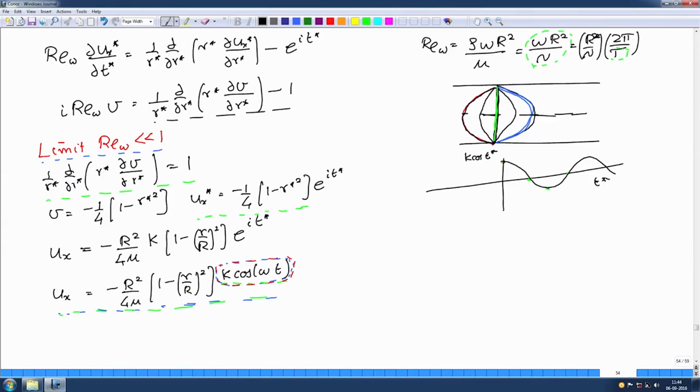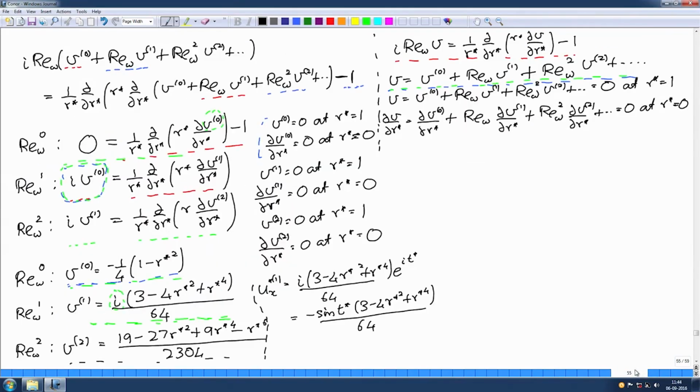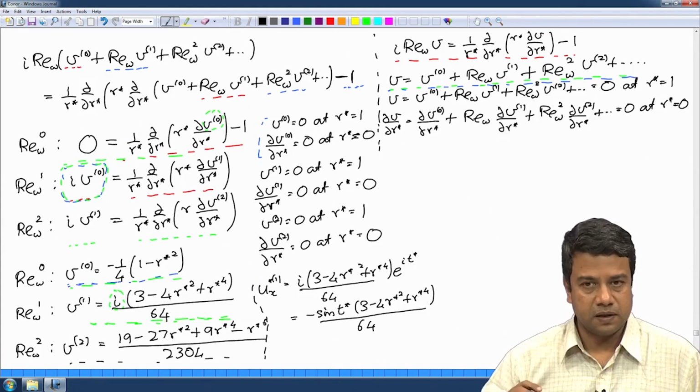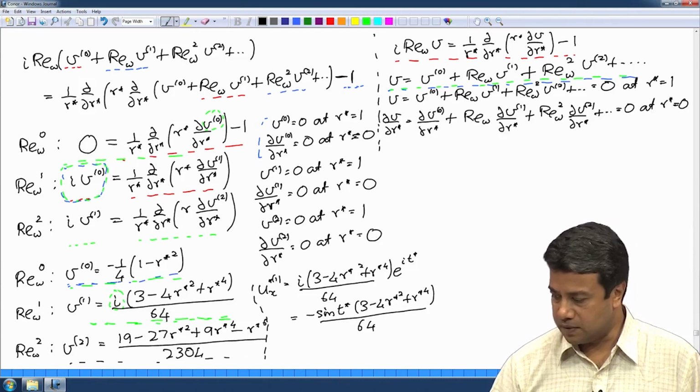Therefore, momentum diffuses instantaneously, and what you get is a parabolic velocity profile, the solution for the steady flow, except that the maximum velocity corresponds to the pressure gradient at that particular instant in time. That is for the limit where the Reynolds number is small, and we had seen how to do a regular perturbation expansion in order to systematically correct for the effect of Reynolds number in the limit of low Reynolds number.